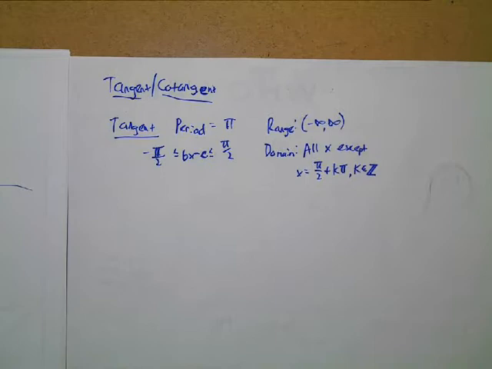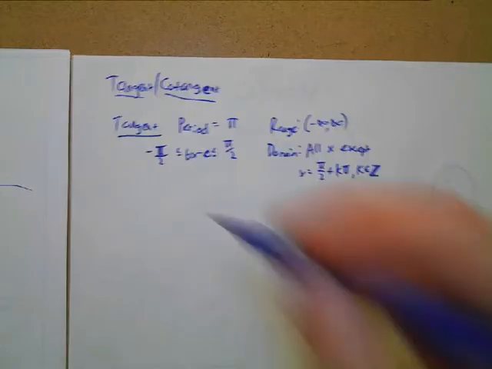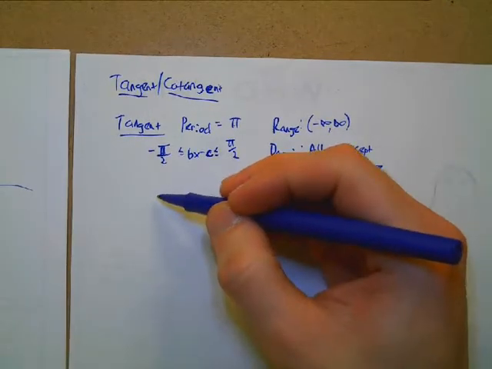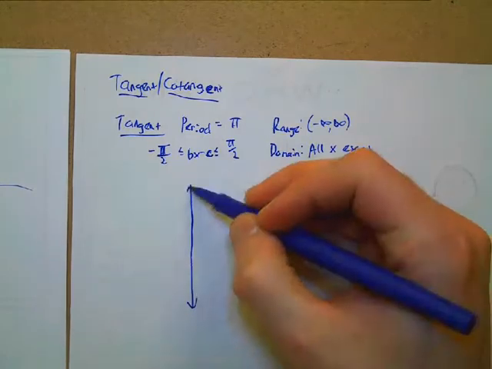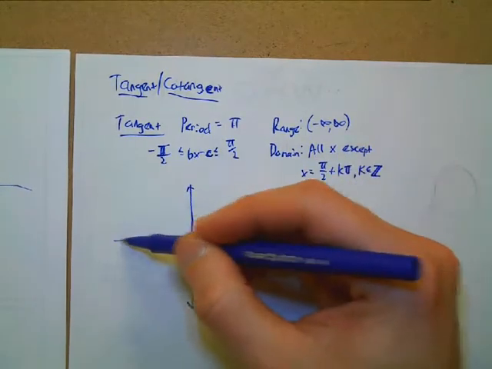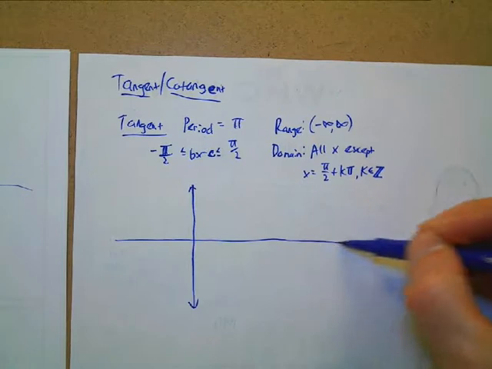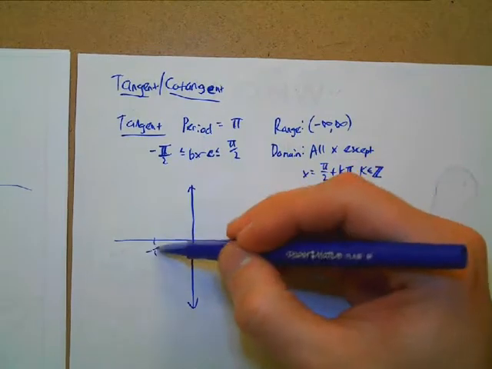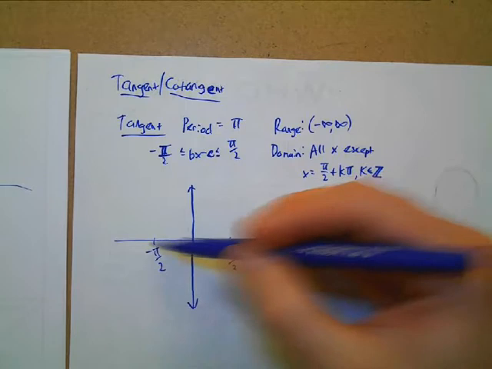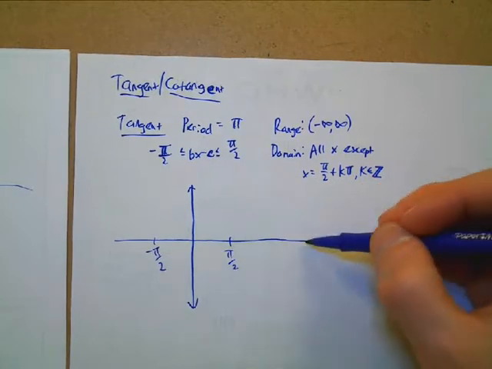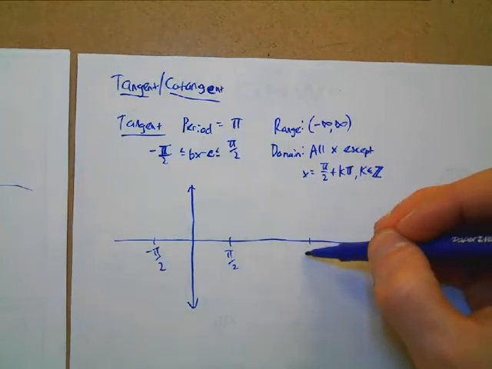So that's the distance of pi, so I'll go pi out more to 3 pi over 2. You only need to find the midpoints. You don't need to find the quarter points here. So from negative pi over 2 to pi over 2, that's one full period, and I find the midpoint there at 0, and then the same thing here, from pi over 2 to 3 pi over 2, the midpoint is pi.